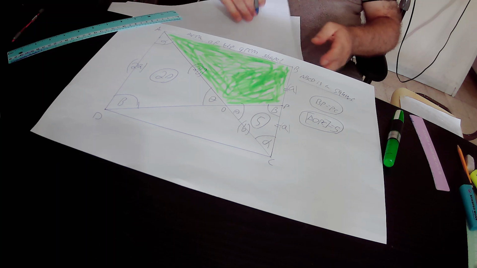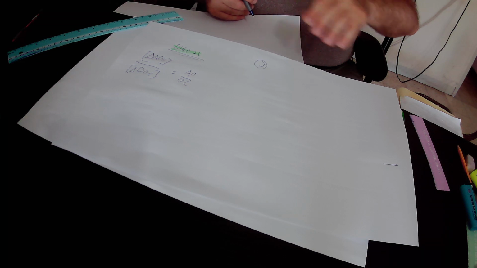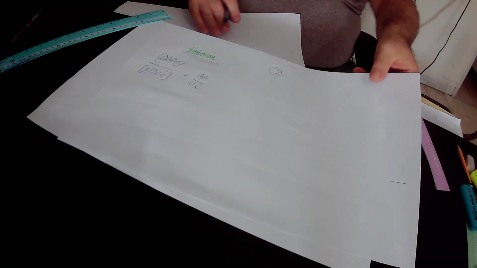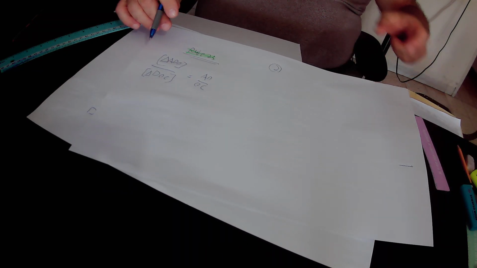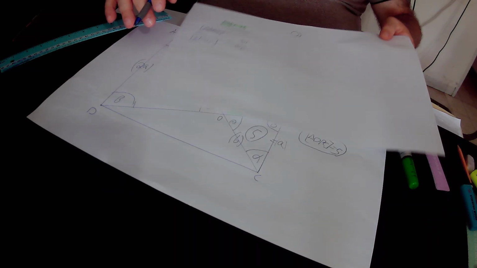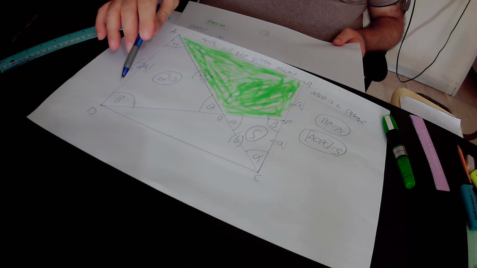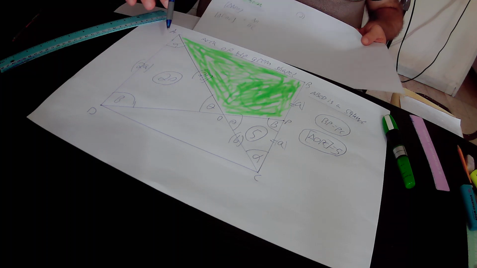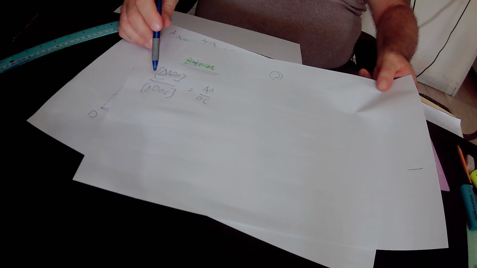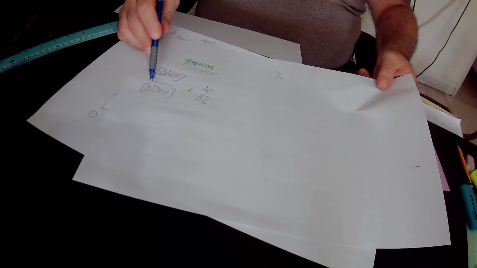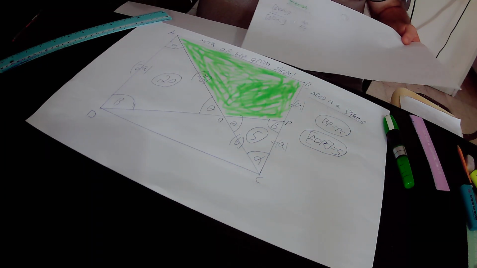So this equation is the implementation of Rule 23 in our drawing. It means that the ratio between the areas of the smaller triangles created by line DO, the area of the small triangle ADO over the area of the small triangle DOC, is equal to the ratio between their corresponding bases.